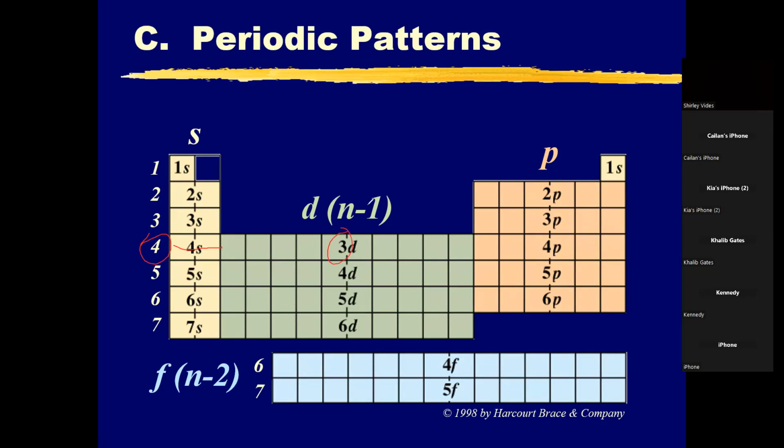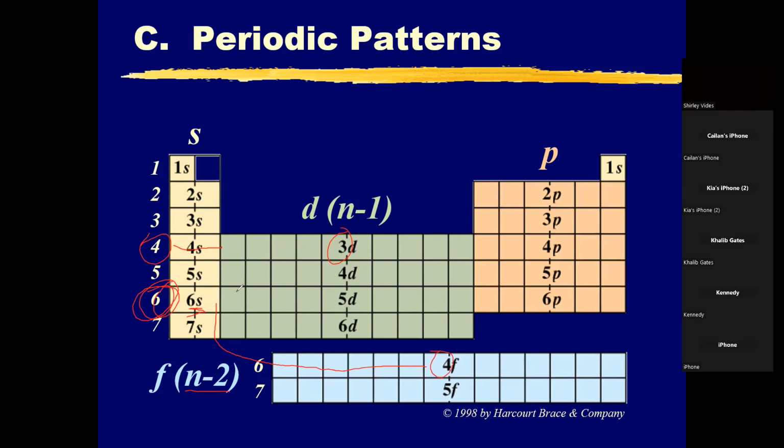Therefore, D is n minus 1. And then here with the 6, we are in 6s, but this is n minus 2. So when we come back down, you notice it's 4. So n is 6 minus 2 is 4. And then go back up.